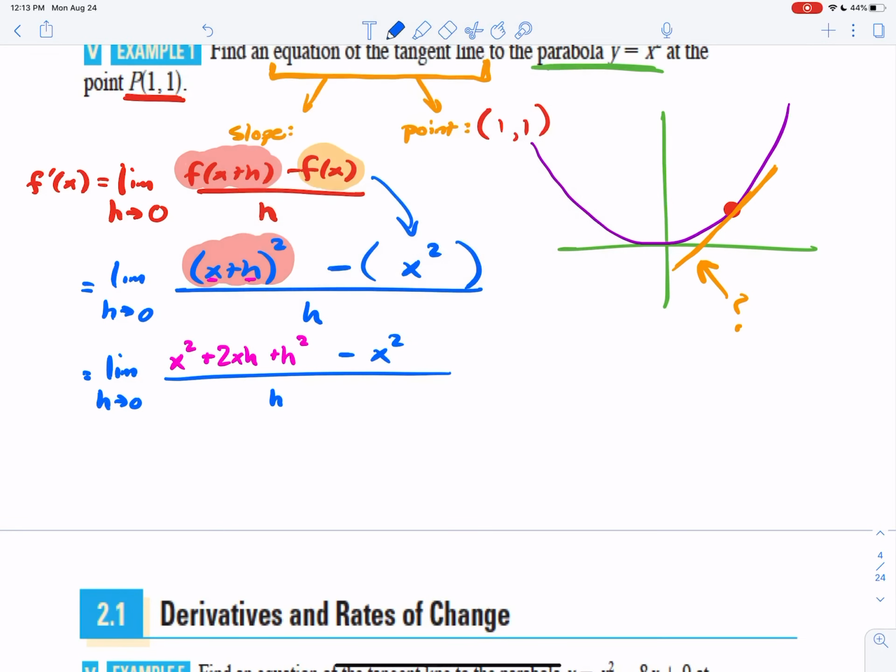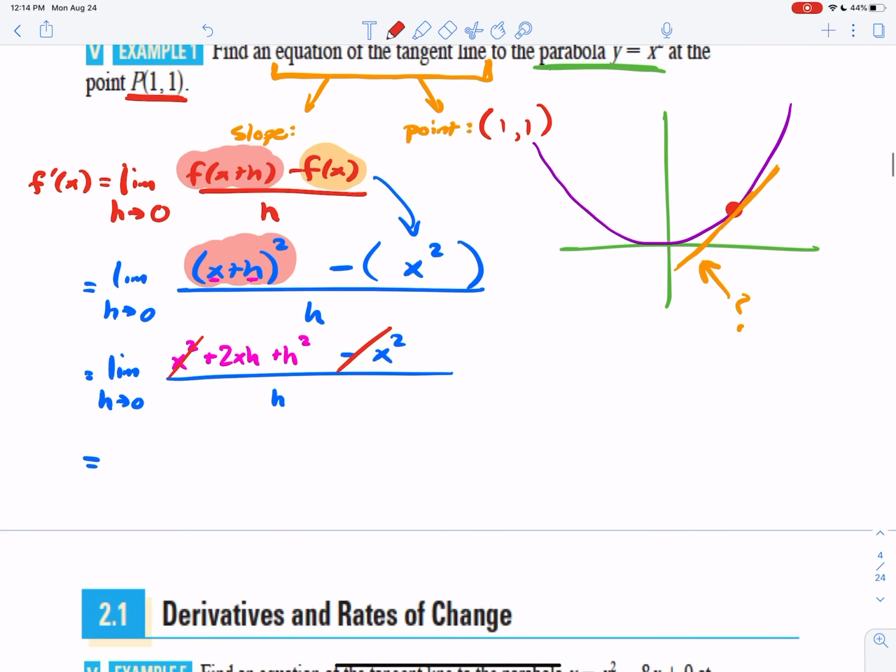Let's keep going. So I noticed that x squared minus x squared will go away. And I notice here I have 2xh plus h squared all over h as h goes to 0. So I noticed that if I try to plug in 0, I'm not going to get a value because the denominator would be 0, right?